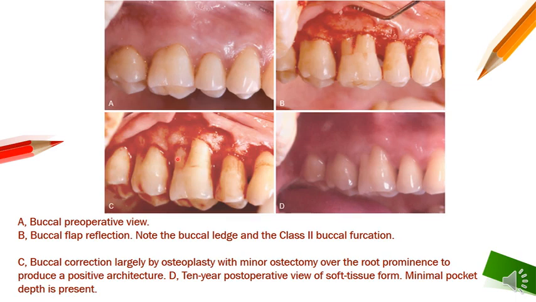After removal of any granulation tissue, diseased tissue, soft and hard bacterial deposits, making minor ostectomy over the root prominence to produce a positive architecture. And this picture is a 10-year postoperative view of soft tissue form, with minimal pocket depth present.